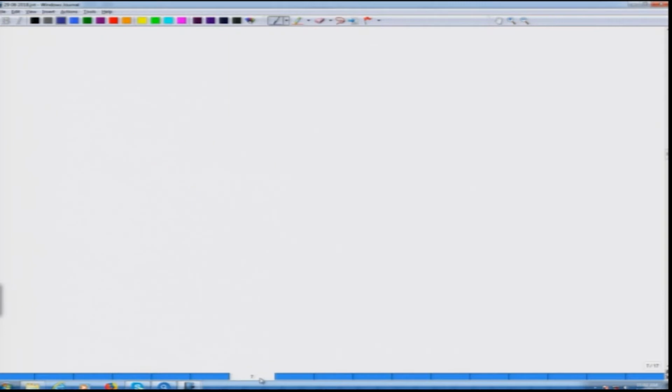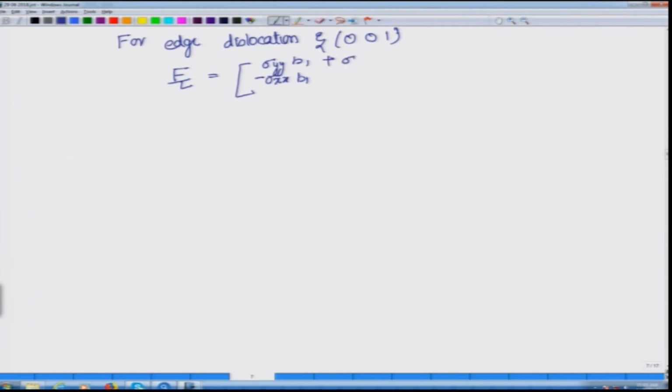For a simple case that we will discuss here, to begin with, let us say we have an edge dislocation whose line vector is given as 0 0 1, meaning it is along the z direction. Would you be able to show that the force acting onto this, there is another term here.